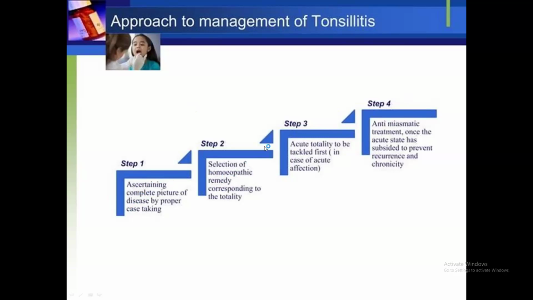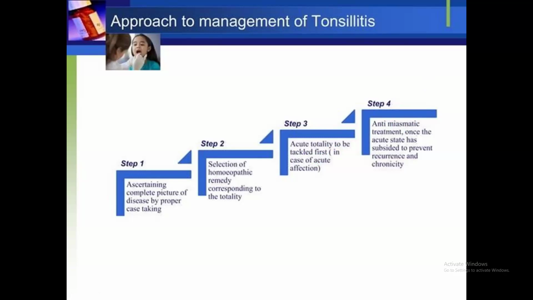Then in step 3, we have to take an acute totality, which is purely based upon acute symptoms. Acute totality is to be tackled first in case of acute affection or acute attack. And after the acute attack is over, if we want a complete cure, we have to give the anti-miasmatic treatment that is purely based upon miasms: psora, syphilis, sycosis, and tuberculosis.